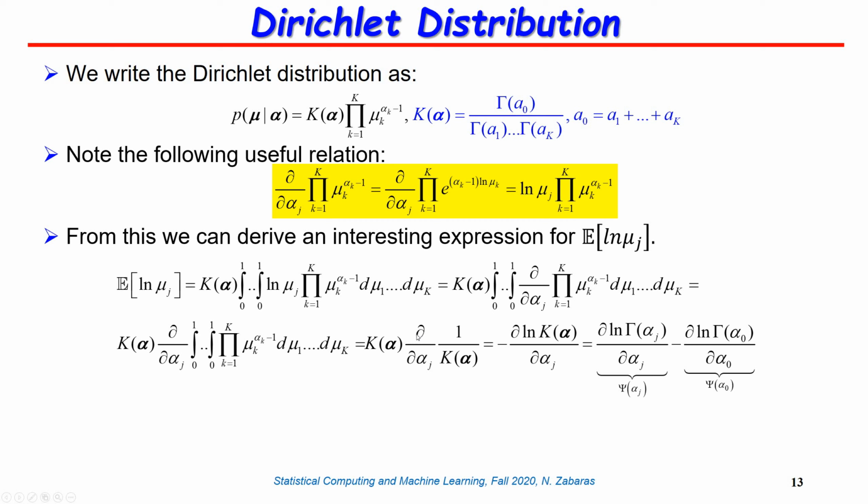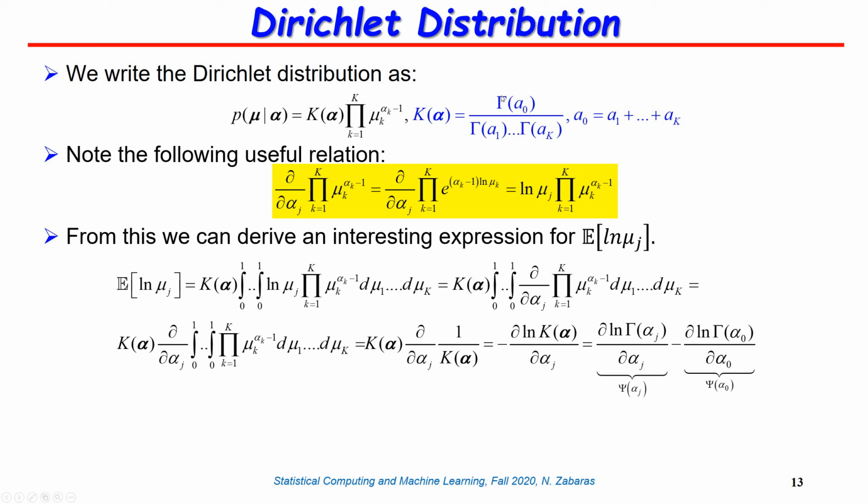So I have k times the derivative with respect to aj of 1 over k, and you can see with little tricks of taking derivatives with respect to log, this is minus the derivative of the log of k with respect to aj. And I remind you what k of a is by definition, all right?